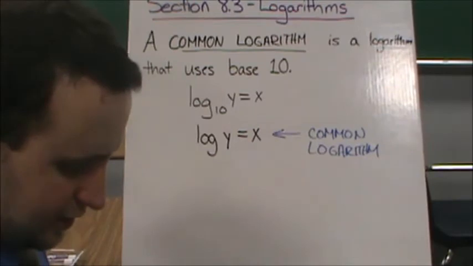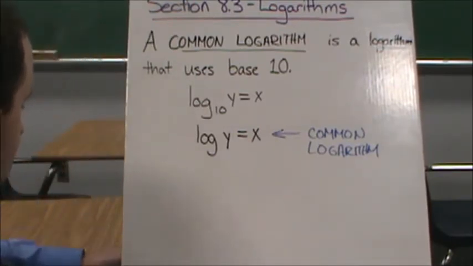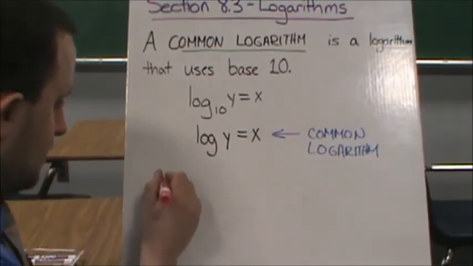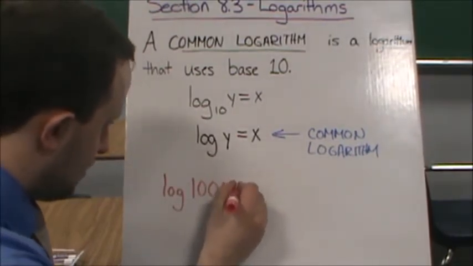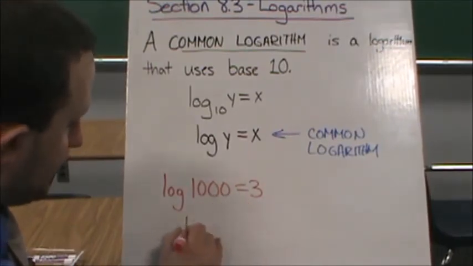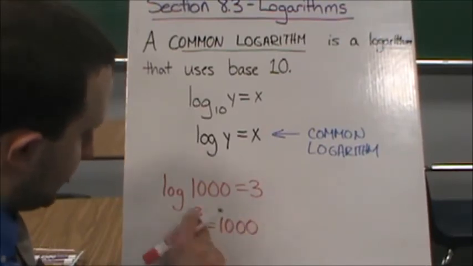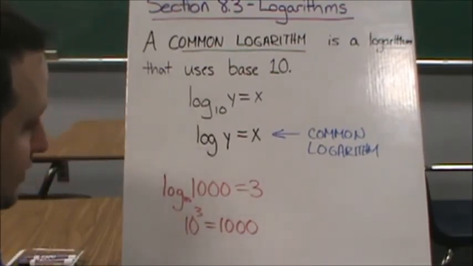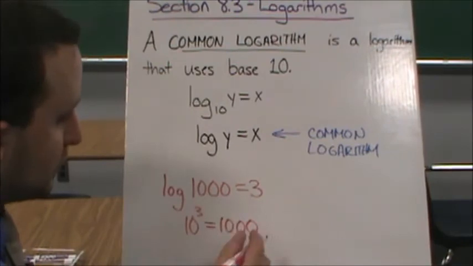So just a couple of examples of common logarithms. We have something like log of 1,000 equals 3. If you want to take that into exponential form, you'll see 10 cubed equals 1,000. Again, it's understood that there's a 10 there.